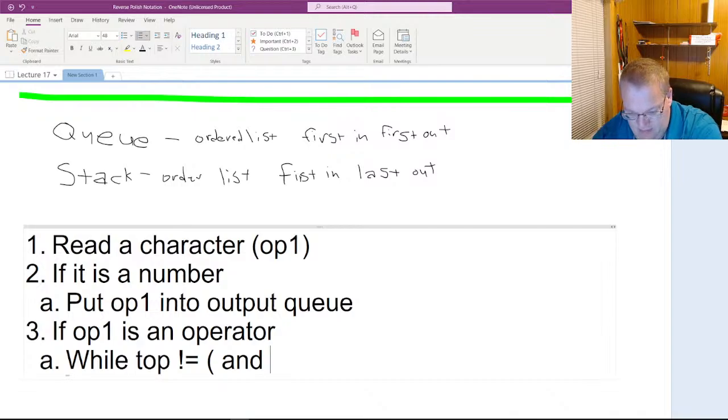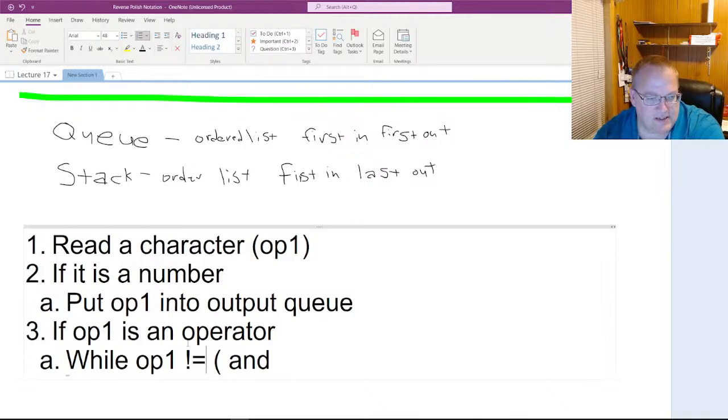and op2, oh wait, no, we should say this differently.